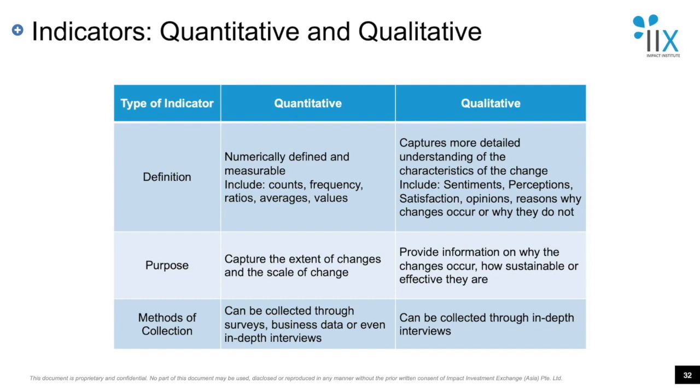It includes counts, frequency, ratio, average, value. So quantitative can be, say, vaccination: how many vaccinations I can get, how many people are getting it, what's the frequency of it, etc. The qualitative is understanding the change that happens.